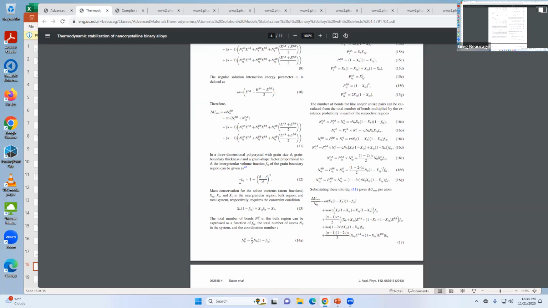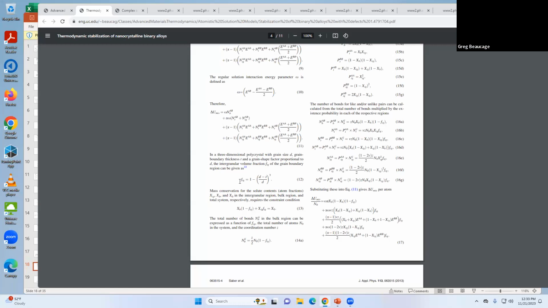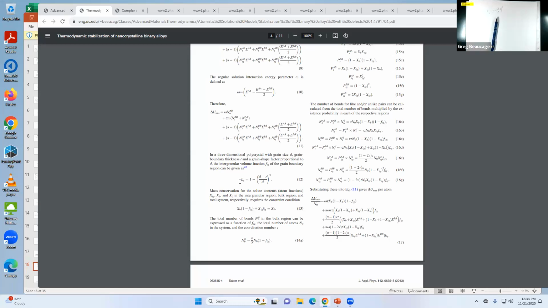All right, so have that scheme. It's got nothing to do with the D, whatever he said, the aspect ratio was proportional to D. That's got nothing to do with it. So you have this intergranular region and then the middle.